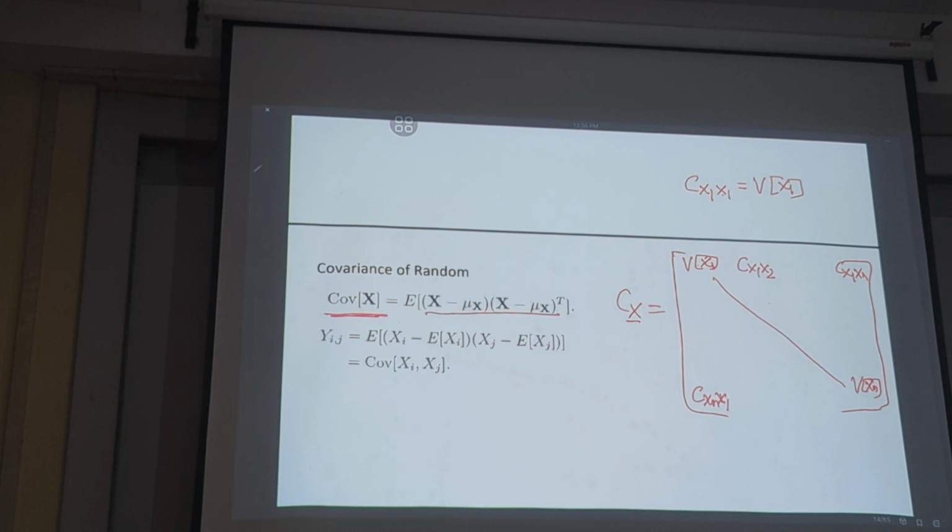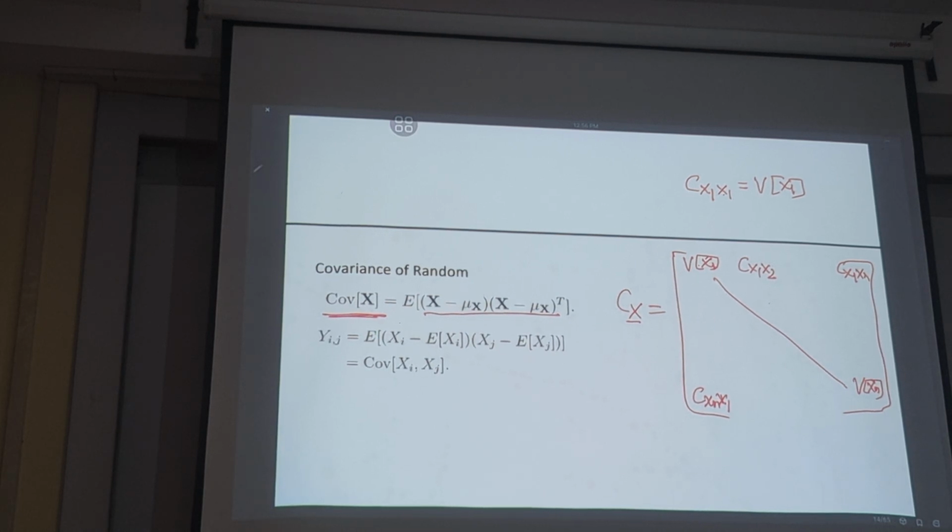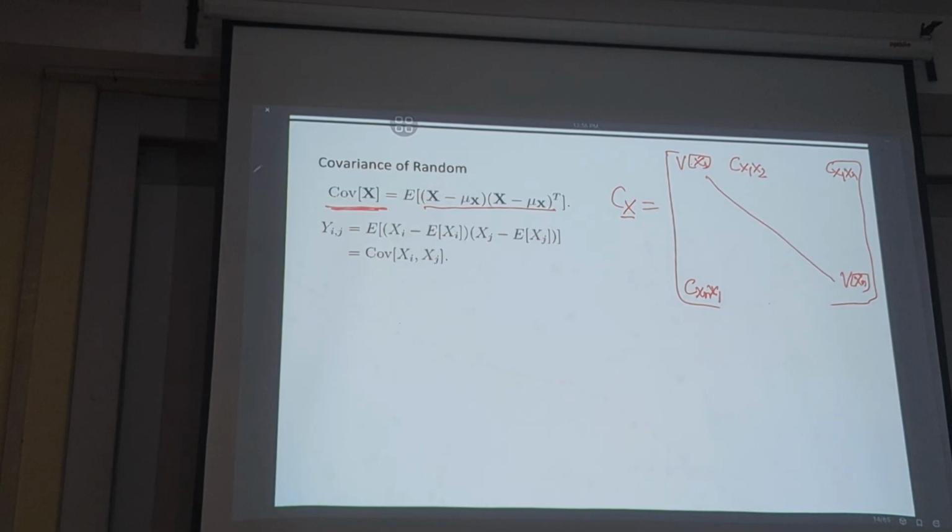And once again, if you write this one, then you can write it in this way. This element actually is the expected value of what? X1 minus mu x1 whole square. This is the variance. And the second element will be what? Expected value of x1 minus mu x1 times x2 minus mu x2, and so on.